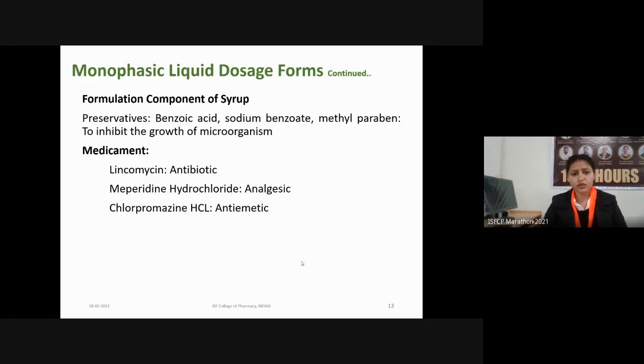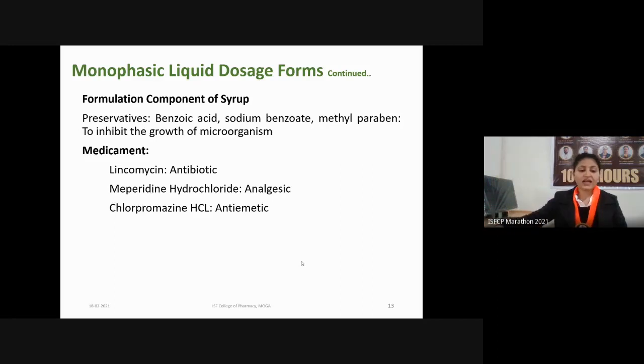So to inhibit that growth of microorganisms, sometimes we need some preservatives. Examples of the preservatives that we use in syrups are benzoic acid, sodium benzoate, and methyl paraben.